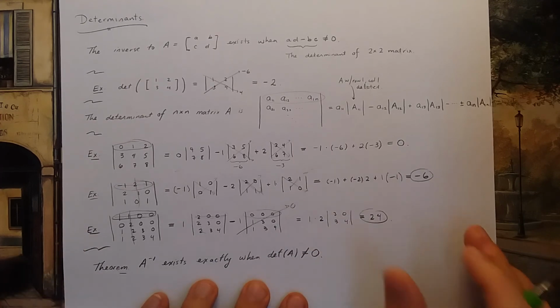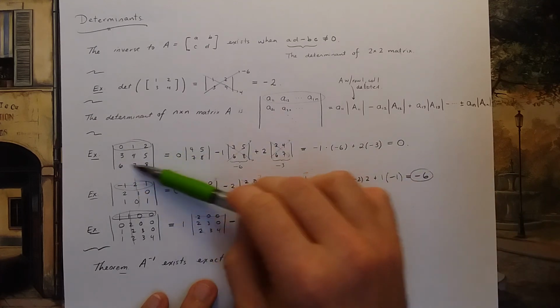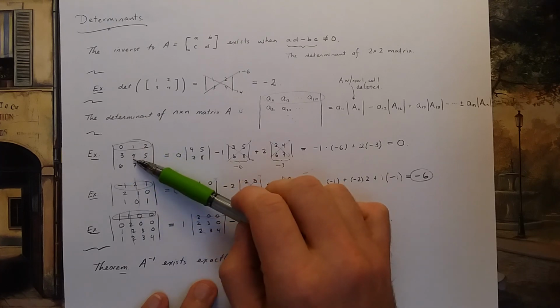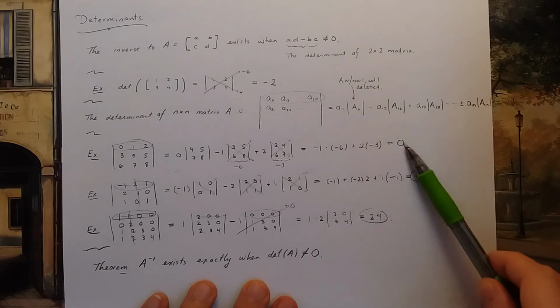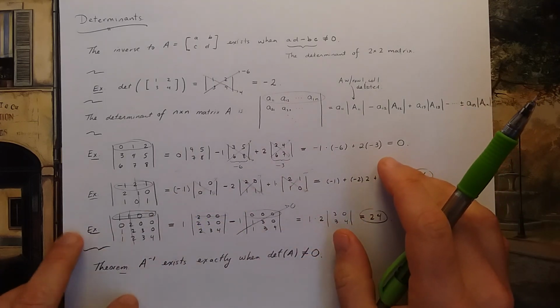So if we look back in our examples, this 3 by 3 matrix does not have an inverse matrix. So you cannot find another matrix to multiply with this one to get out the identity. So this has no inverse, but these other two matrices do have an inverse.